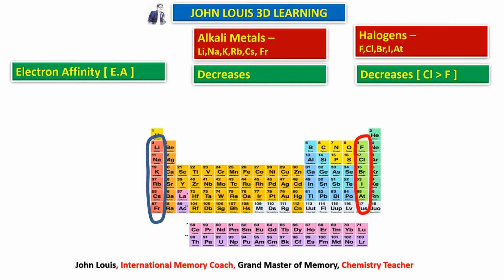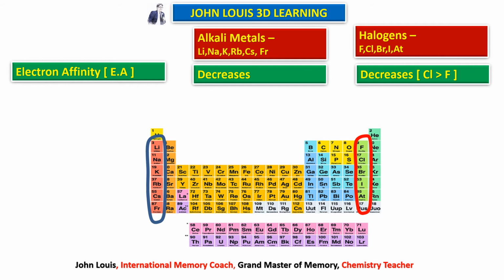When we say it decreases, for fluorine, chlorine, bromine, iodine, in that order, fluorine should have the highest electron affinity and chlorine should have less electron affinity than fluorine. Am I right? But here chlorine has more electron affinity than fluorine. Afterwards it decreases for bromine and iodine. From fluorine to chlorine it increases.